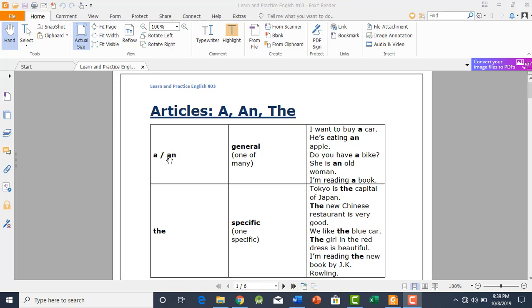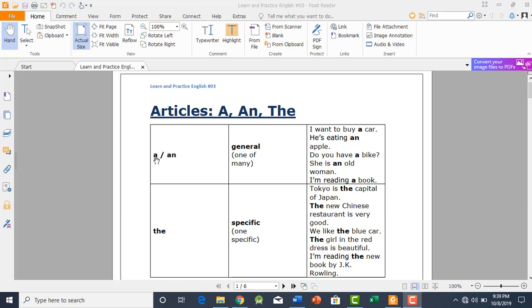Normally, a and an come like a pair, but the difference in where we use them, I will show you on the next slide. But at this point, just look at the examples and at the important things written in the middle of the column.